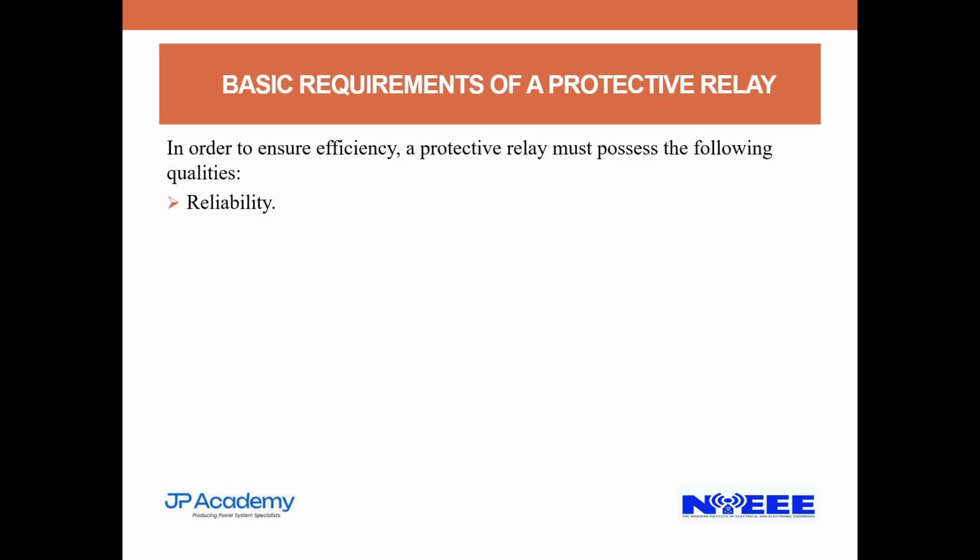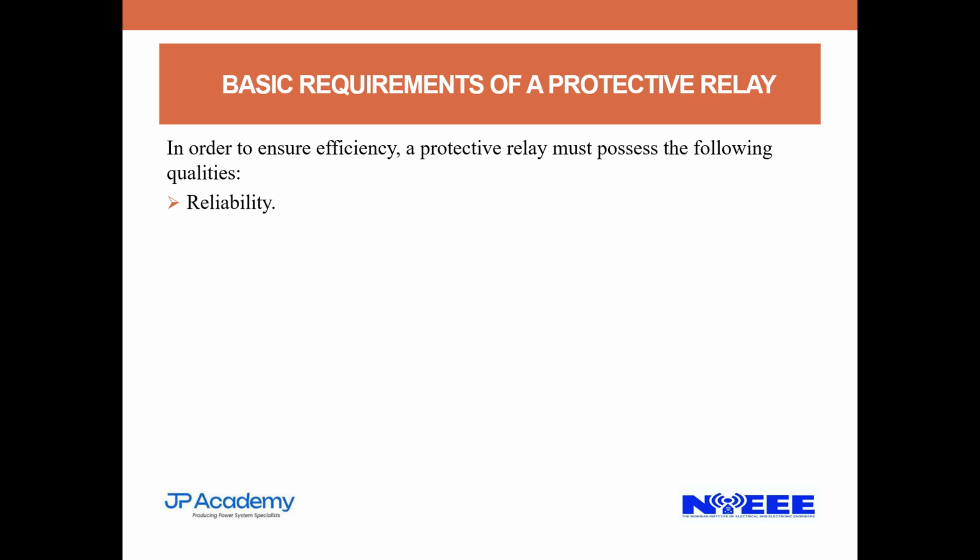Now remember, the work of this relay, it is a protective relay. It is only to function when there is a fault in the system. And a fault in the power system does not occur every minute. It can be once in a day, once in 2 weeks, once in a month, once in 3 months.